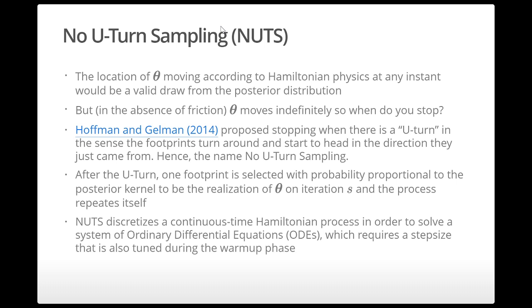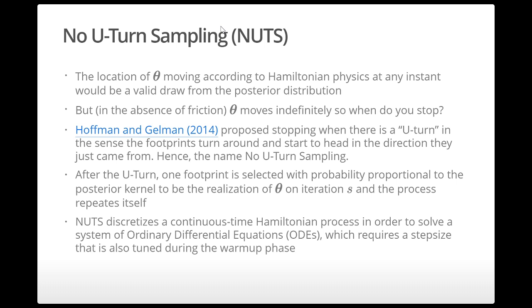And when it starts to make a U-turn and come back in the direction it came from, it's not really efficient to let it continue, because you already have a whole bunch of footprints of it going out. So it's kind of redundant to also consider the places when it's coming back.